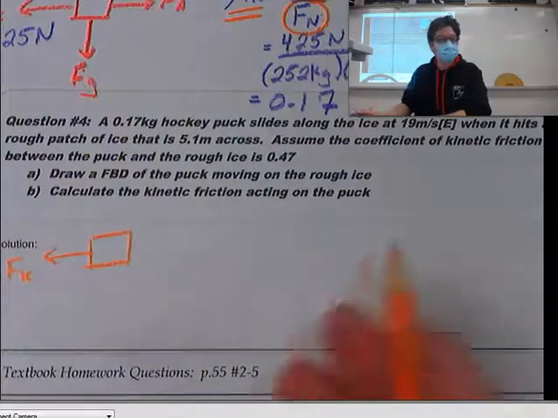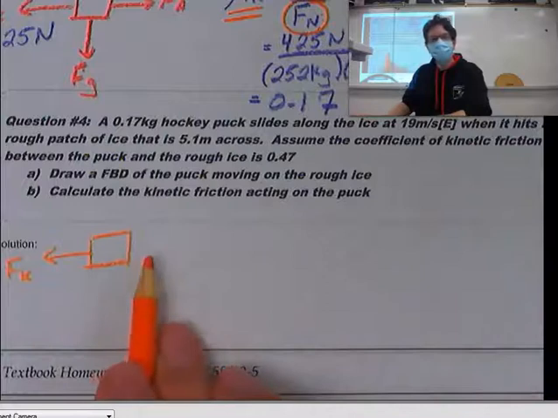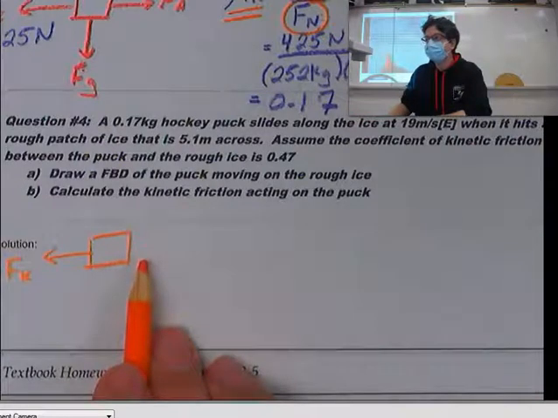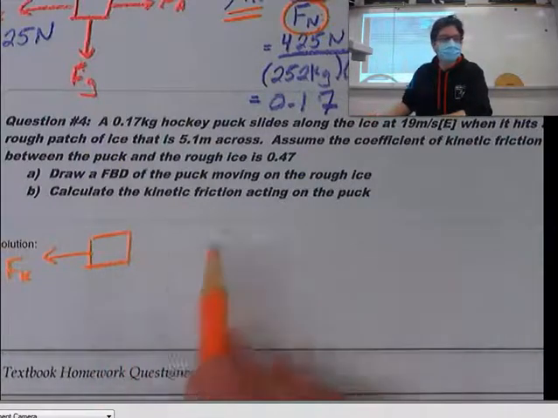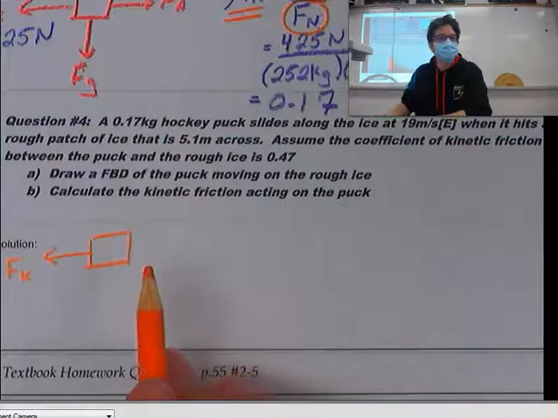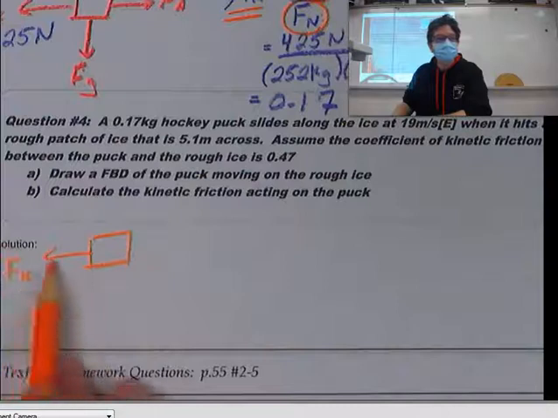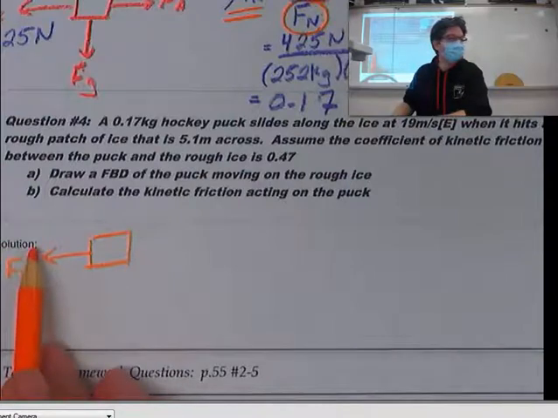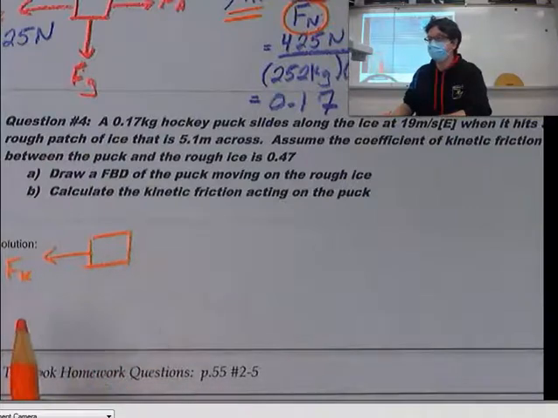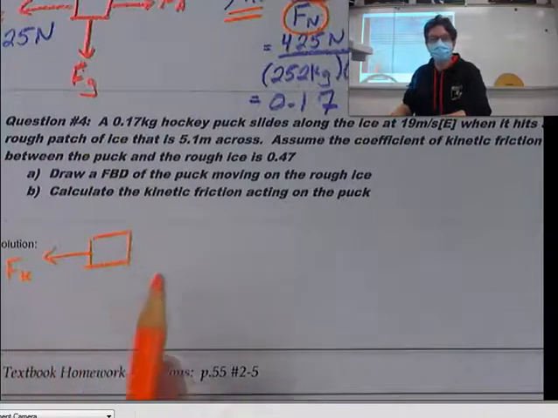Okay, but be careful, you do not always need an applied force if it's moving forward. In this case, the only horizontal force is kinetic friction. And remember, forces cause change in motion, not motion itself.